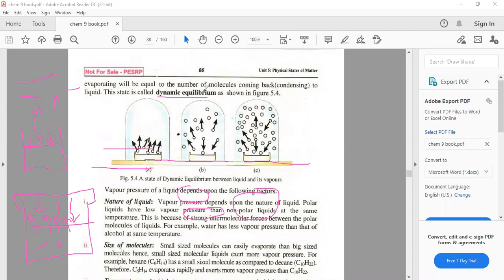Dynamic is related to movement. The equilibrium state, the balance state, which comes due to movement, due to motion, is called the dynamic equilibrium.